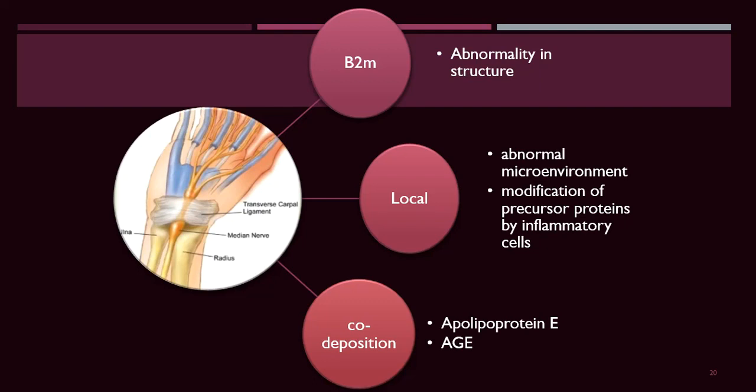So this is the final scenario of beta-2 microglobulin related, dialysis-related amyloidosis. We have retention of beta-2 microglobulin with abnormality of structure and high affinity to synovial membranes, precipitated by locally inflamed joints by inflammatory mediators with a co-deposition of advanced glycation end-products.